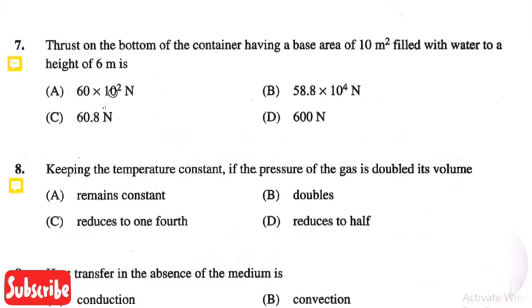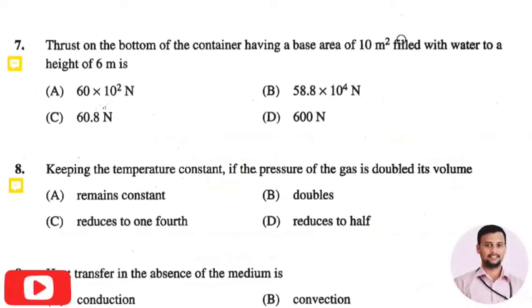The next question is: the thrust on the bottom of a container having a base area of 10 meters square and filled with water to a height of 6 meters is. So what is the thrust in this container? The right answer is option 2, that is 58.8 into 10 raised to minus 4. Now we know that pressure can be given as rho g h.